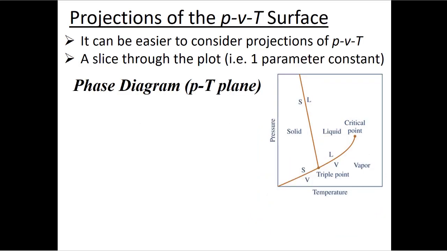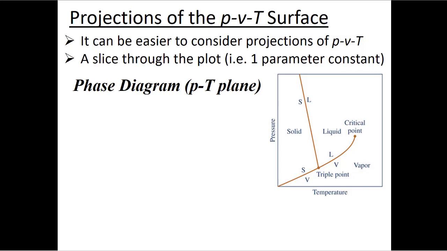So you may have seen, it's tough to draw three-dimensional surfaces. At least for me, maybe you're better at drawing than I am, but often we don't draw this whole PVT space. Instead, we'll take some projection, some slice of this. So this is a pressure versus temperature curve. We already talked about pressure versus specific volume or pressure versus volume curves.